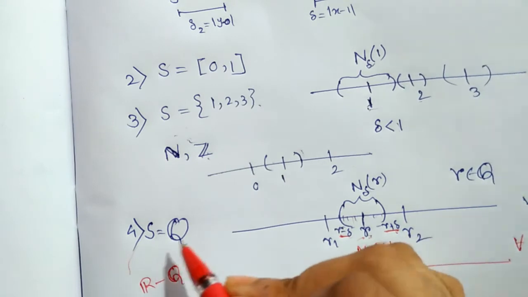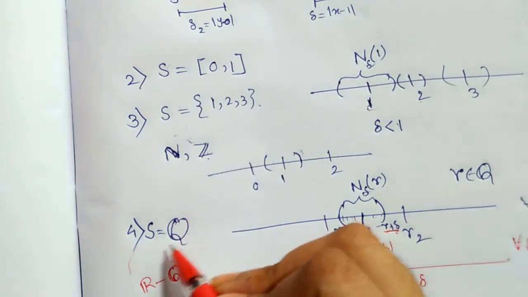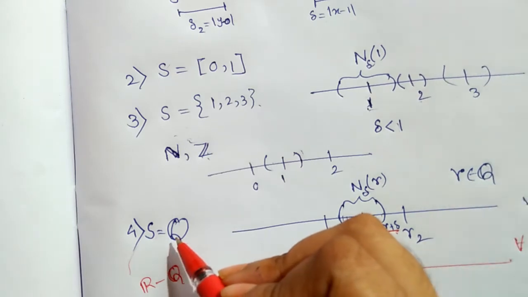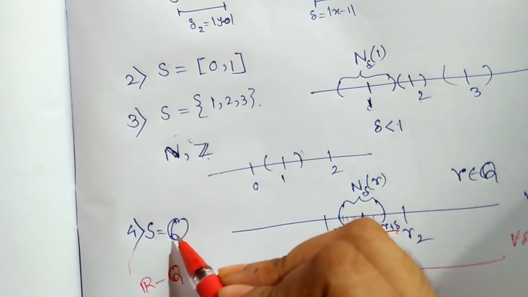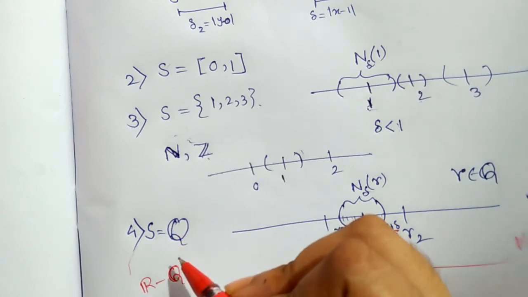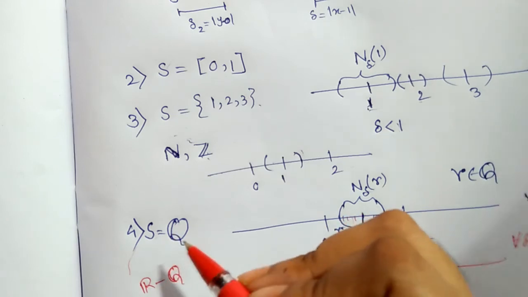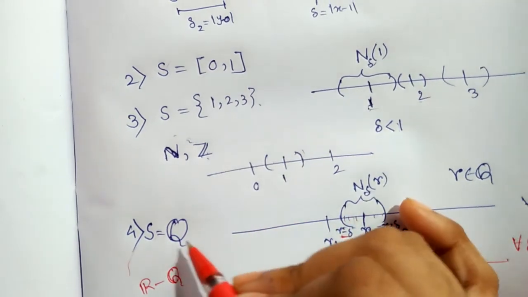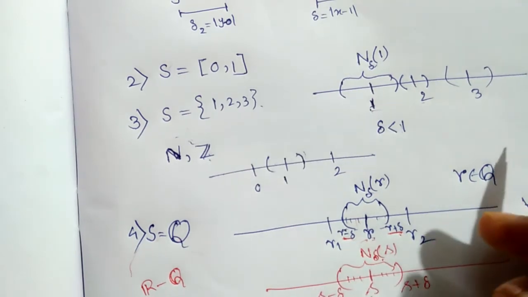So in the case of Q, the set of all rational numbers, any member of S is a limit point of S, along with any irrational number also being a limit point of S. So any real number is a limit point of S in this case.